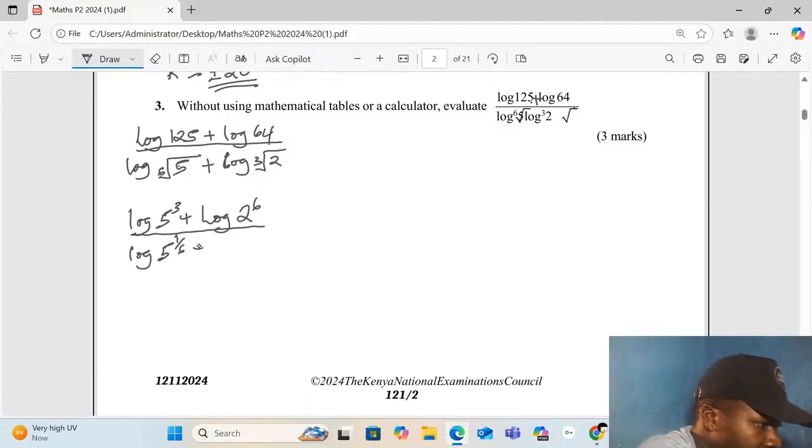Then plus log of the cube root of 2, which is 2 power a third. Now we all know that log 5 power 3 is the same as 3 log 5.